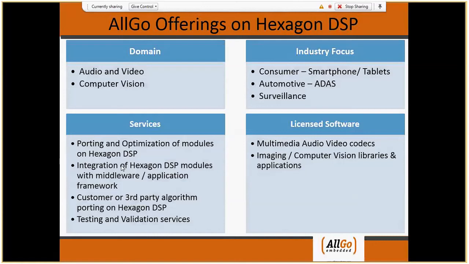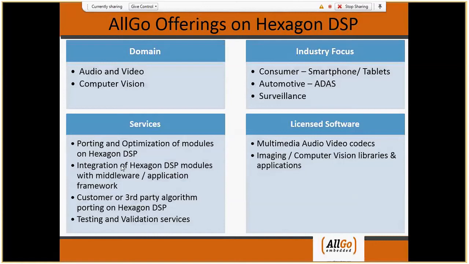On industry focus, we have been working on the smartphone and tablets market. We have various solutions in these products. Then we have been working on ADAS, which is concentrated on the automotive industry, and also on surveillance.